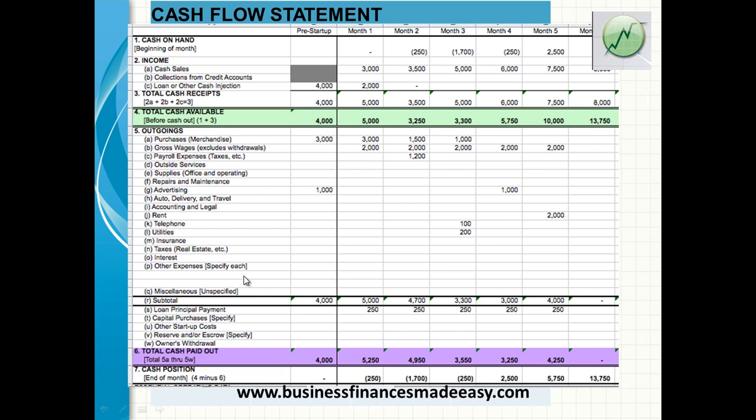Remember the three main financial statements that any financial institution, lender or business angel will require: first your income statement to assess your performance, second your balance sheet, and third your cash flow statement in terms of cash.